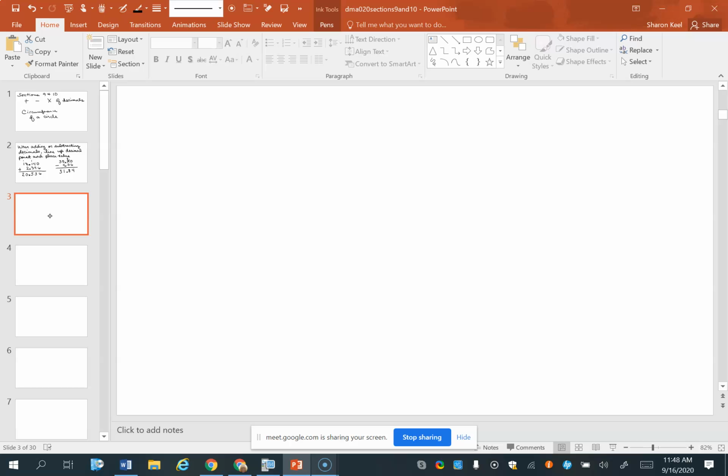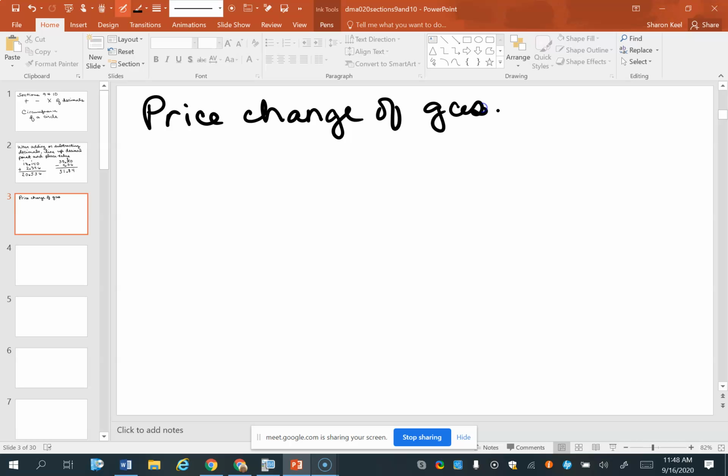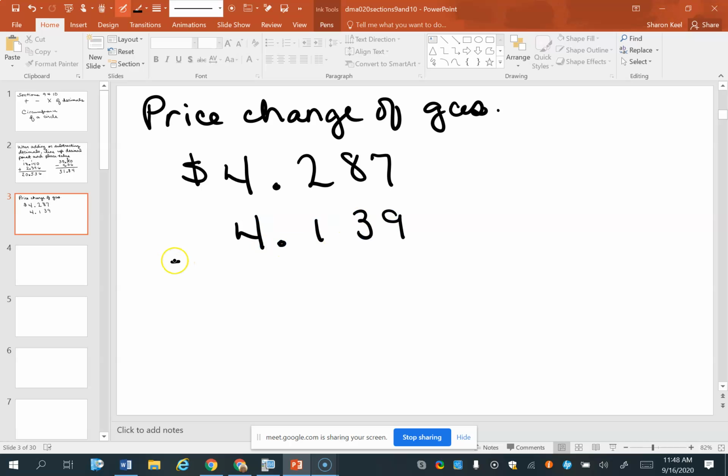By how much did the price change? In this case, since we're doing a subtraction, we would put the larger value on top, which would be the 4 with the 287. I'm going to line up my decimals. The second one was the 4 with the 139. So we're going to write that.